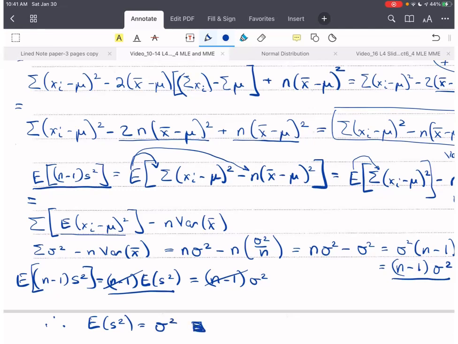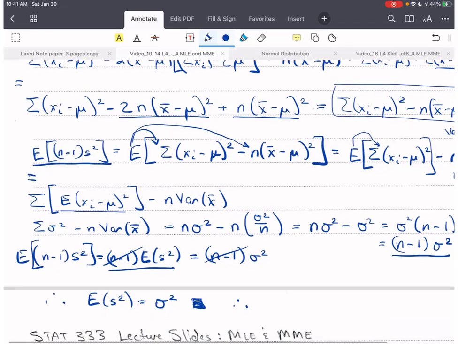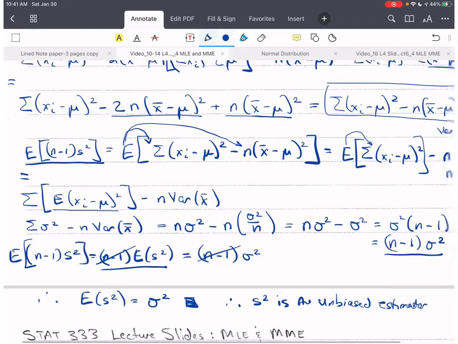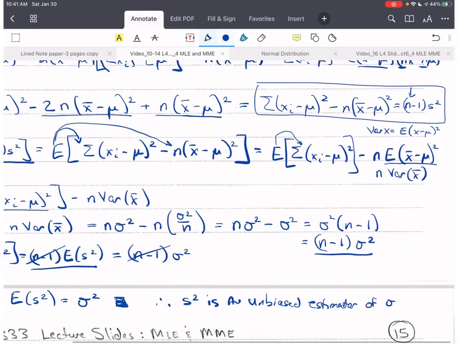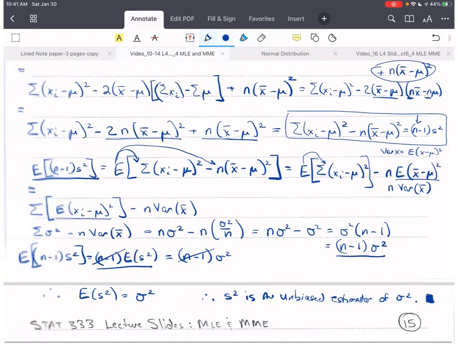And there is our proof. So therefore, S squared is an unbiased estimator of sigma squared. Okay, I guess I should put the n there, not here. We have proved what we set out to prove.